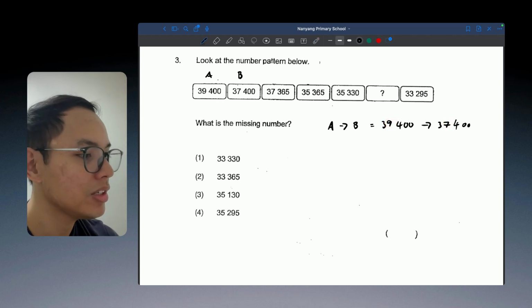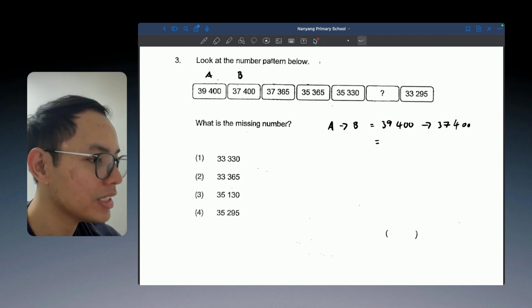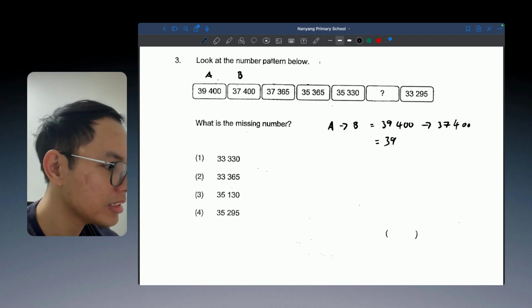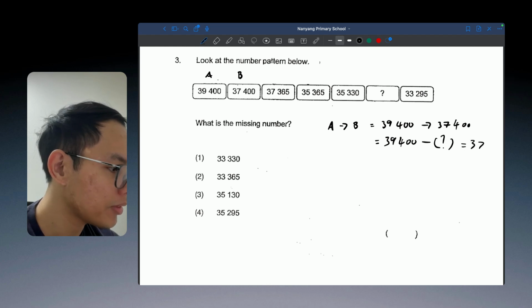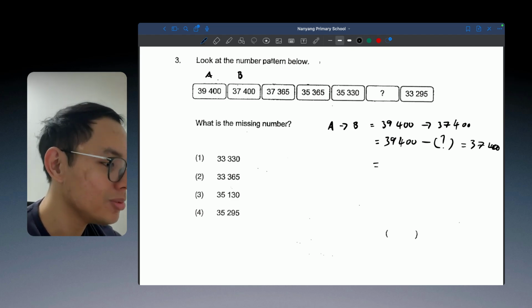So what is the missing link over here? We need to minus something from 39400 and it becomes 37400. If your answer is 2000, you're right.